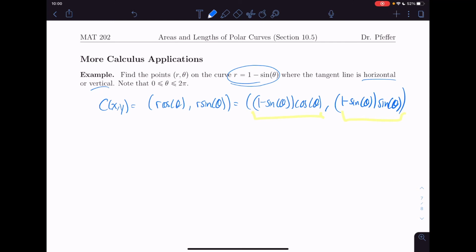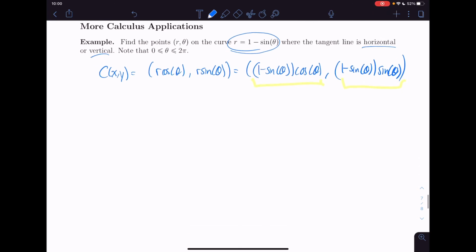I'll leave this for you to fill in the details, but you can verify that when you compute your horizontal tangent lines, you're going to end up getting theta values of pi over 2, 3 pi over 2, pi over 6, and 5 pi over 6.